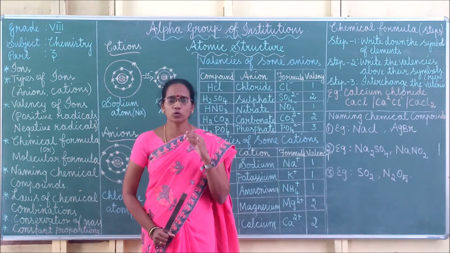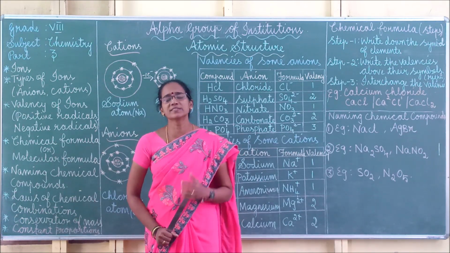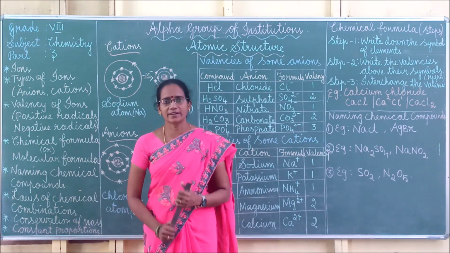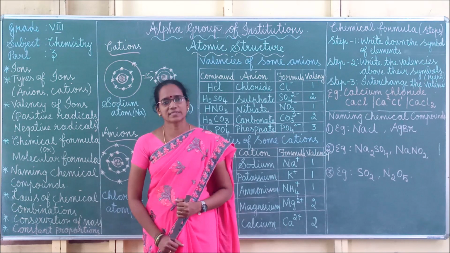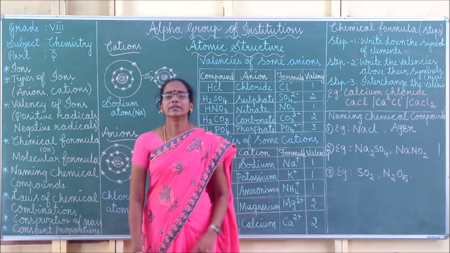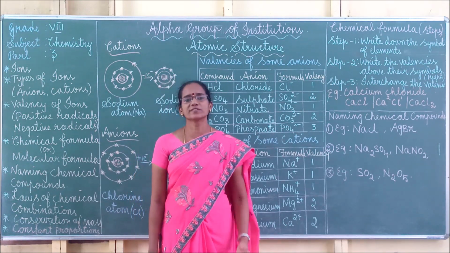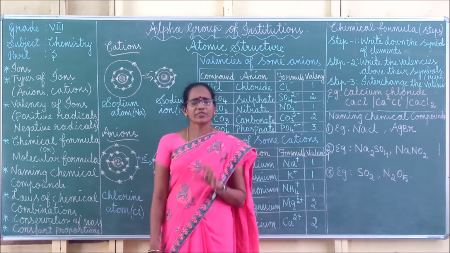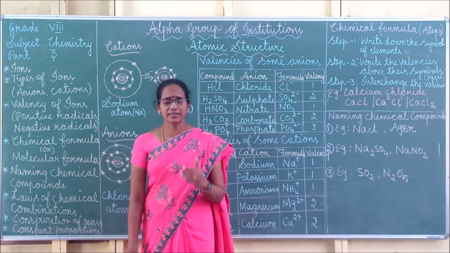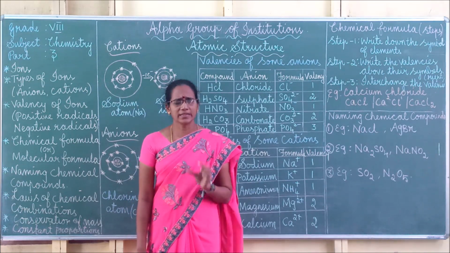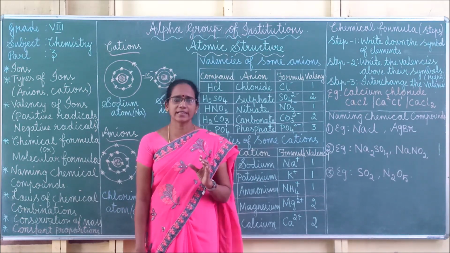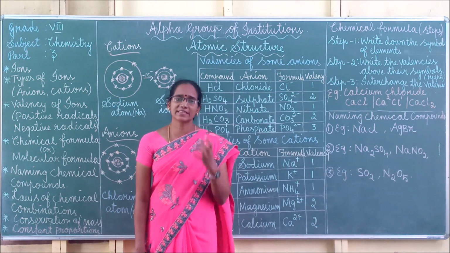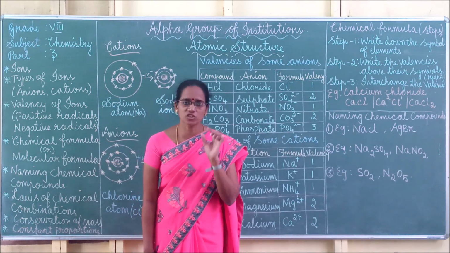You know about the subatomic particles. The three subatomic particles are protons, electrons and neutrons. Protons are positively charged, electrons are negatively charged particles and neutrons carry no charge, they are neutral in nature, right? So, when an atom gains an electron, it carries a negative charge because it has more electrons in it.